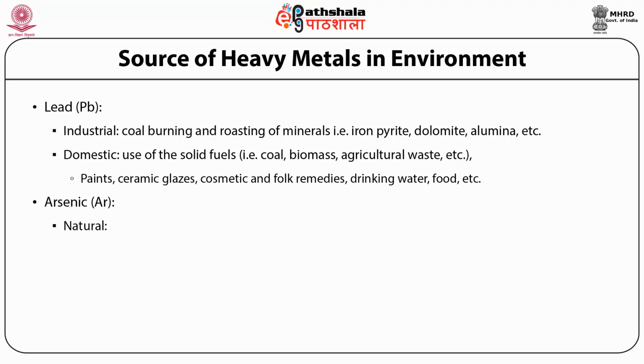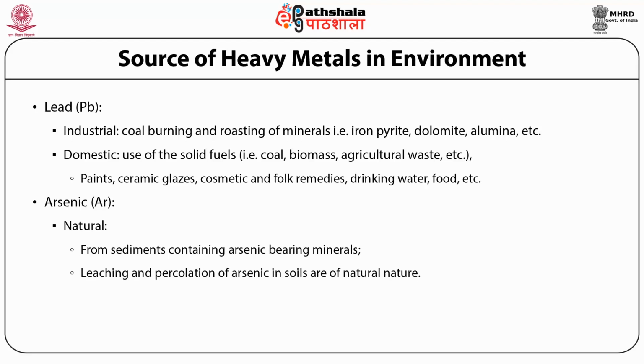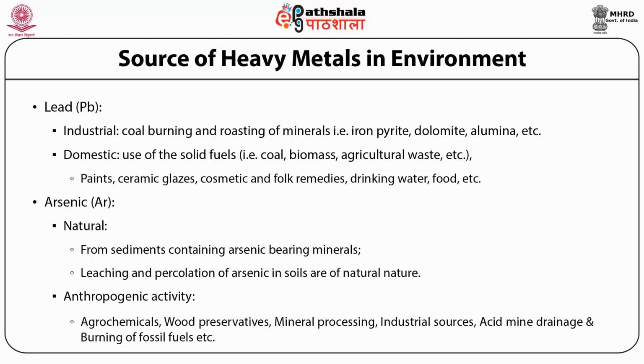Arsenic naturally comes from sediments containing arsenic bearing minerals. It may also be leached and percolated from areas rich in arsenic in soil. It can be due to anthropogenic activity like agrochemicals, wood preservatives, mineral processing, industrial sources, acid mine drainage, burning of fossil fuels.